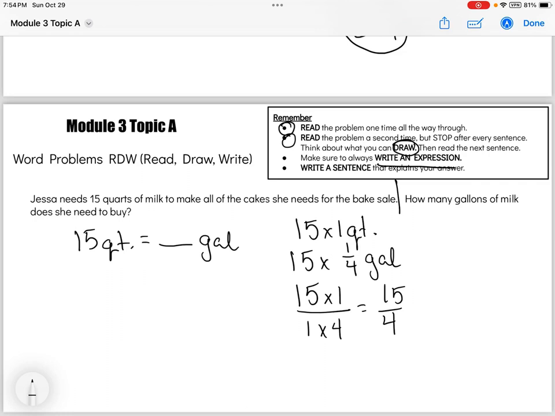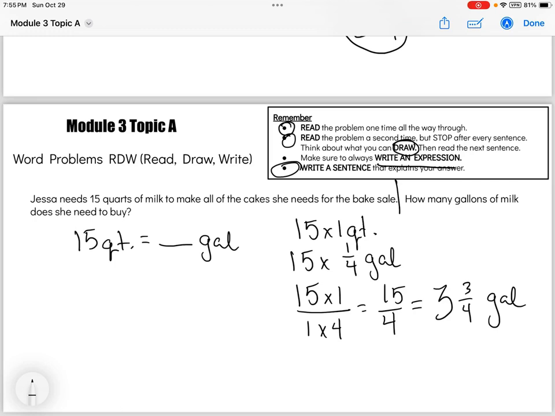Okay? Now, 15/4 is completely acceptable for the test, but I try to tell the students that in real life, we don't go around giving people improper fractions. So we would want them to, in fact, go ahead and convert this. So I would have 3 3/4 of a gallon. And then that last step, they are supposed to write a sentence.